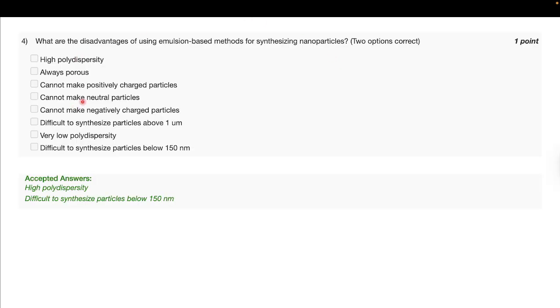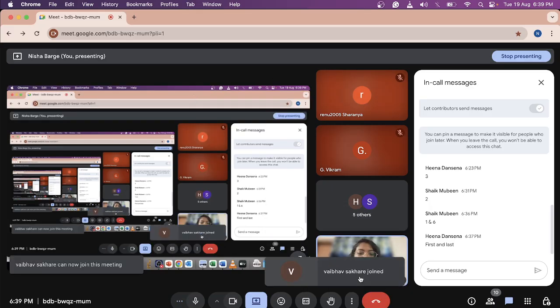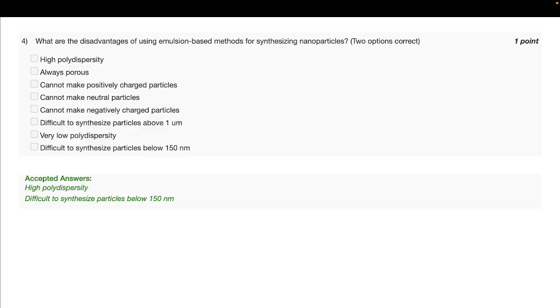Depending on the options here, we have two correct answers for this question: high polydispersity, and it is difficult to synthesize particles below 150 nanometer with emulsion based methods. Is this clear? Are there any doubts, or if anything is unclear, we can discuss again. If not, then I'll move on to the next question.